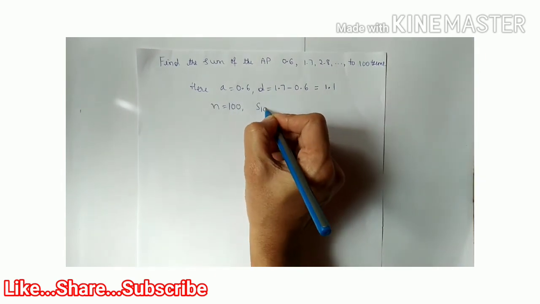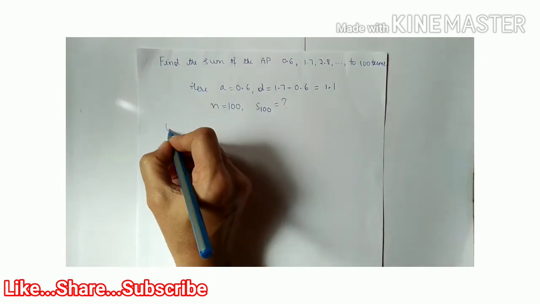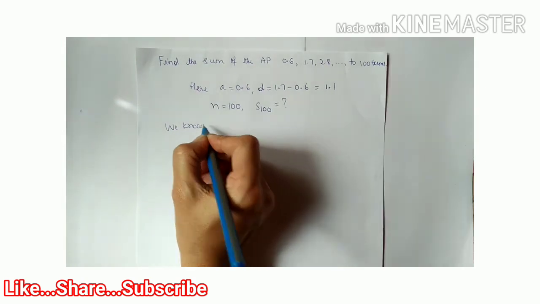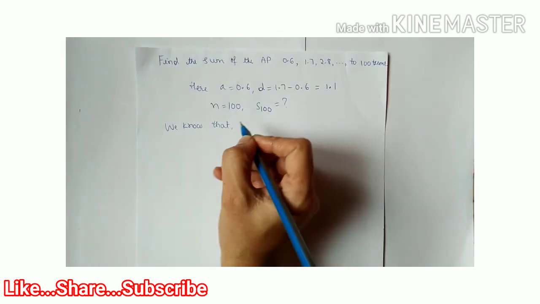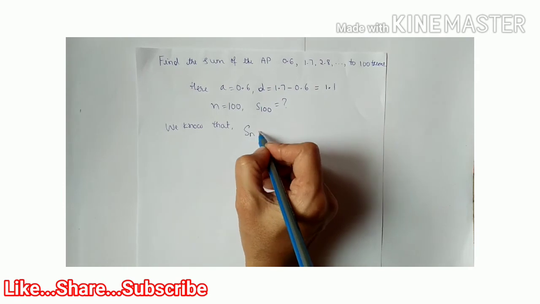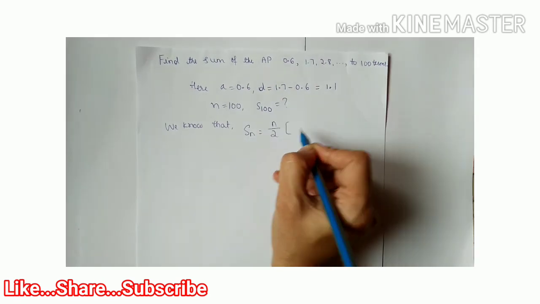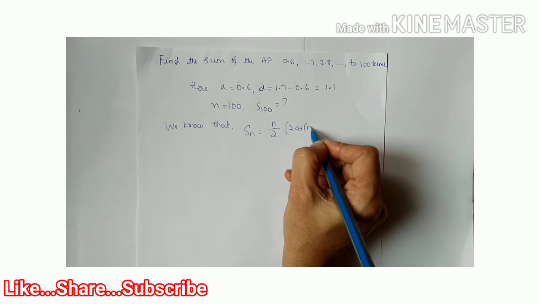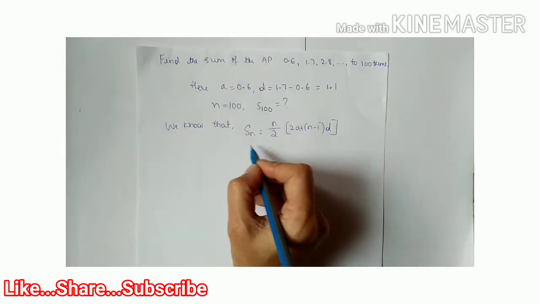We have to find S100. We know that the sum of the first n terms of the AP is given by Sn = n/2 [2a + (n - 1)d].